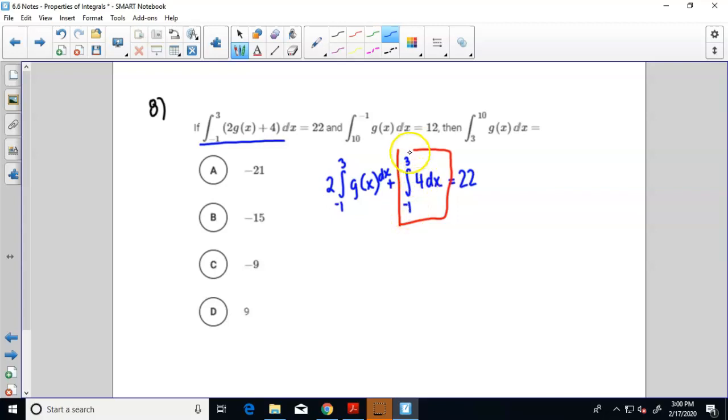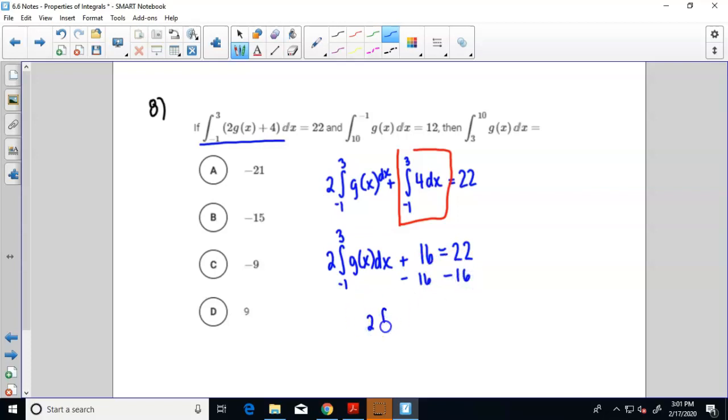Because from -1 to 3, that's 4, right? And then the height would be 4. So we would get 16 for this. So I've got 2 times the integral from -1 to 3 of g of x dx plus 16 equals 22. Well, what's nice about this is now I can just subtract that 16.